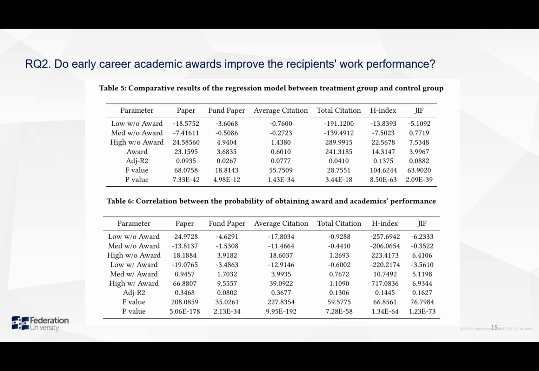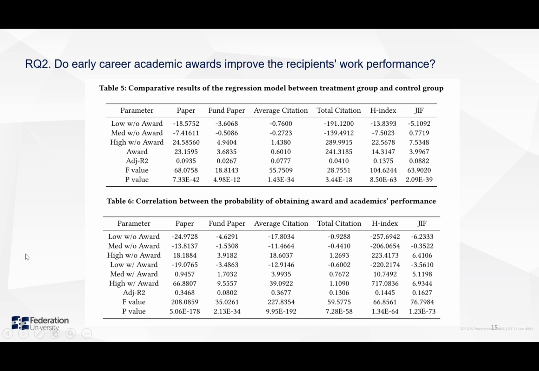So alpha 4 is more than alpha 2 and alpha 1, but less than alpha 3. These results show that compared with the middle and low probability academics, the impact factors of the academics in the treatment group are higher, indicating that awards do have a positive effect on academics.